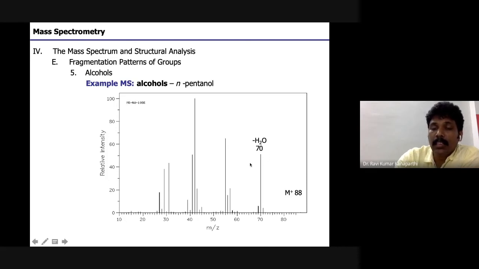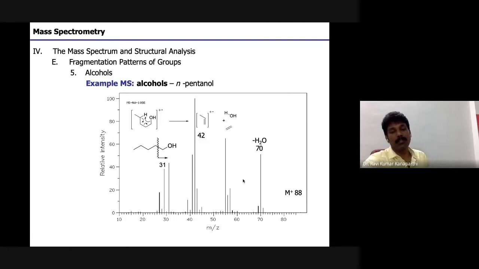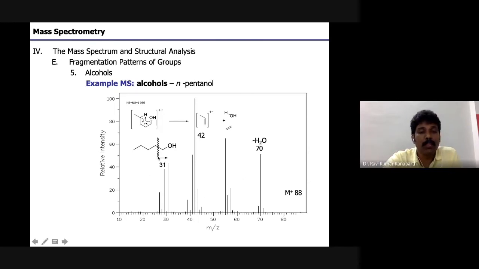That 18 corresponds to water. Then the 42 peak, as I told you, corresponds to this type of allyl carbon cation, that is 42, and the water molecule is 18 and this is 28. So M minus 18 and M minus 28. These are some of the peaks that we can always find with regard to alcohols. And please remember that since it is a primary alcohol, there is a loss of CH2OH.